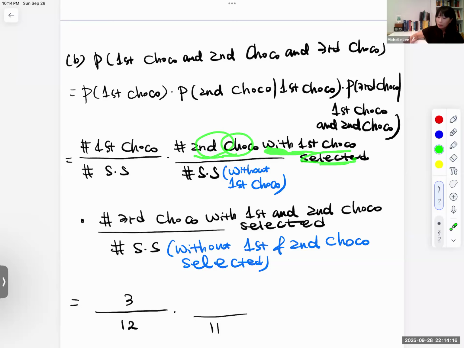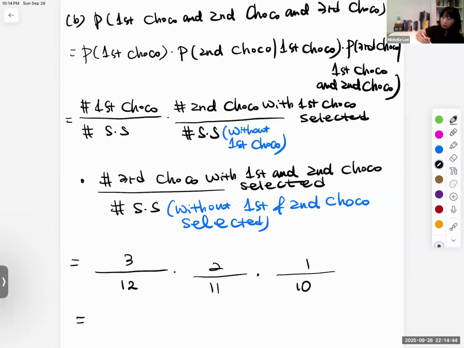So 2, okay, good. Then same concept, right? How many sample space? 10, very good. And then for the third chocolate, how many chocolate are left? Only 1, because the first and second are already selected, right? Good. Now, can you please calculate? 0.0045. Very good.